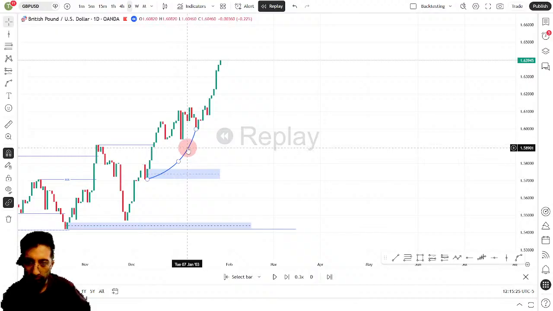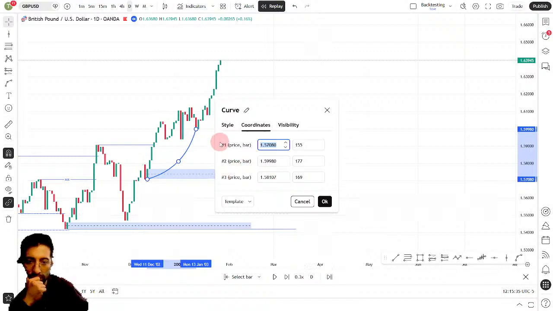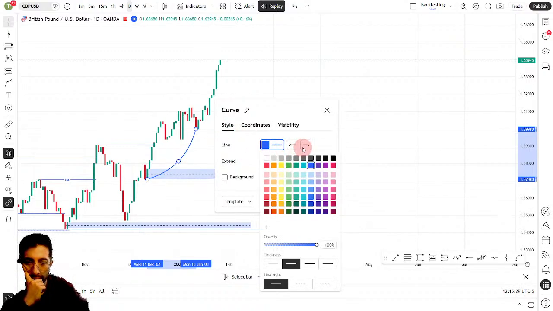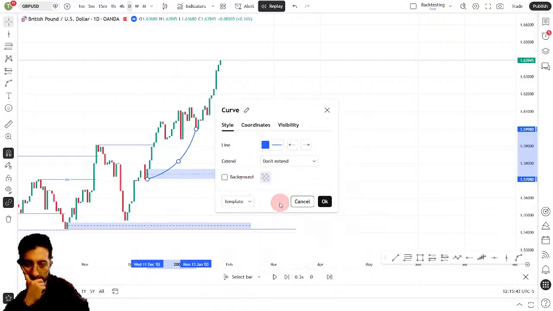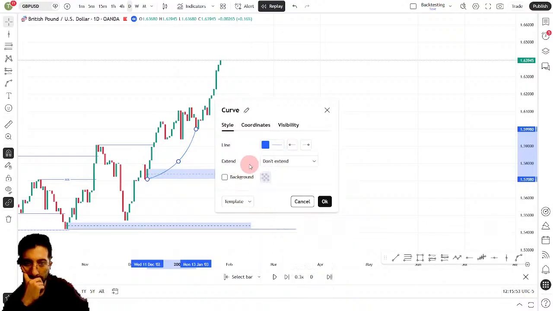All right, with this curve I'm going to mark the liquidity, but just let me set it up so it will be easier for us to understand how it works. Let me check one thing here. I like the style, but let me change it to the next way. Like this one, perfect.